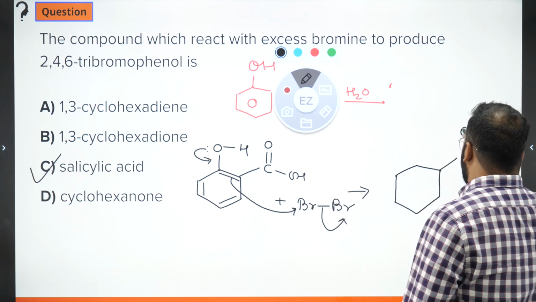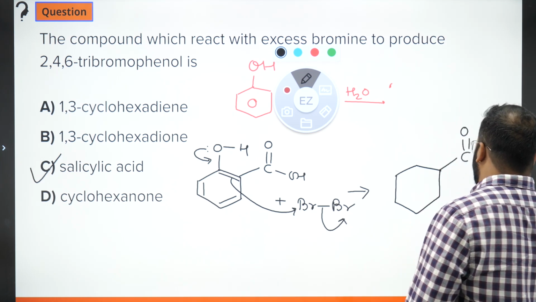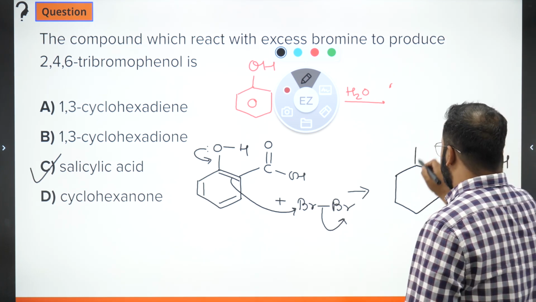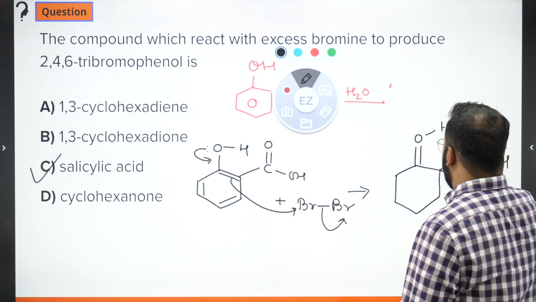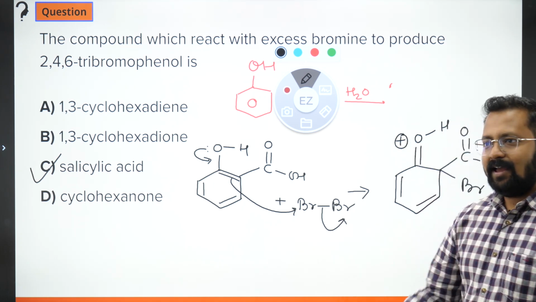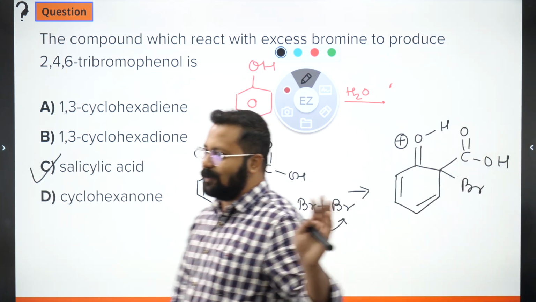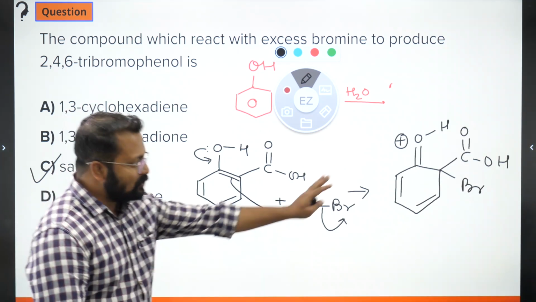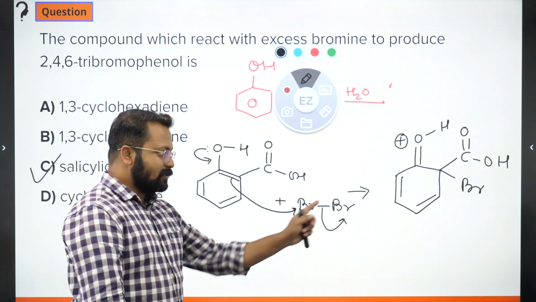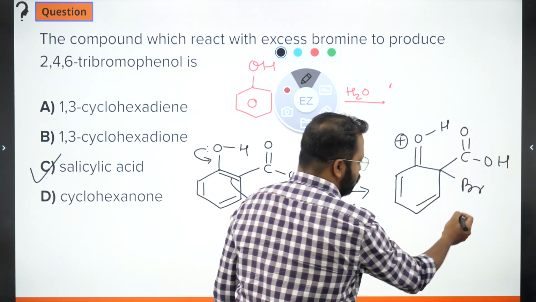C double bond O, OH, Br, double bond O, H positive, something like this. आपको ये मिलता है. Okay, you would obtain this. Now, once you obtain this, remember the medium also contains Br minus, and Br minus would do this.